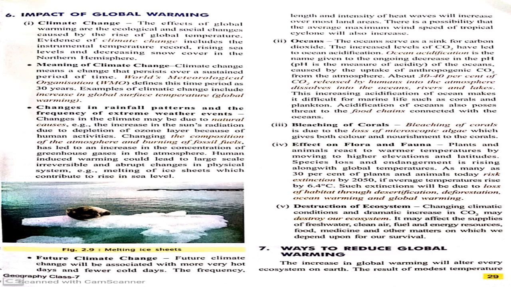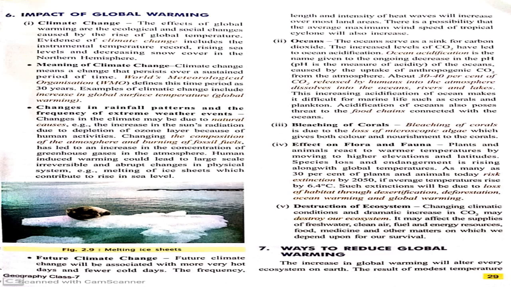Okay. Now the next topic is effect on flora and fauna. Flora means plants and fauna means animals. Now these plants and animals react to warmer temperature by moving to higher elevations and latitudes. Because of global warming, the temperature of the earth goes on increasing.